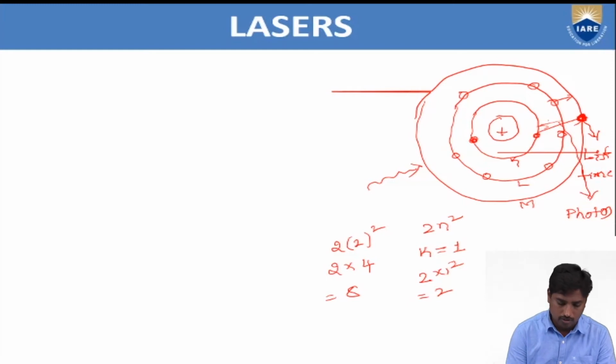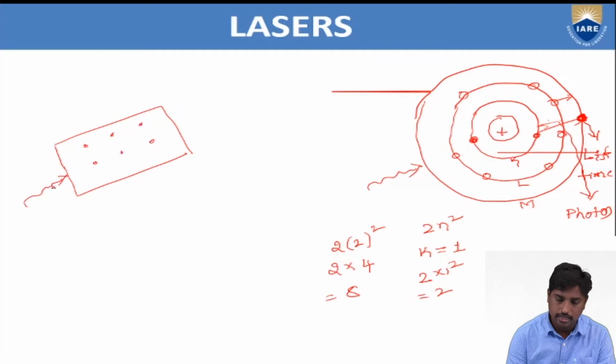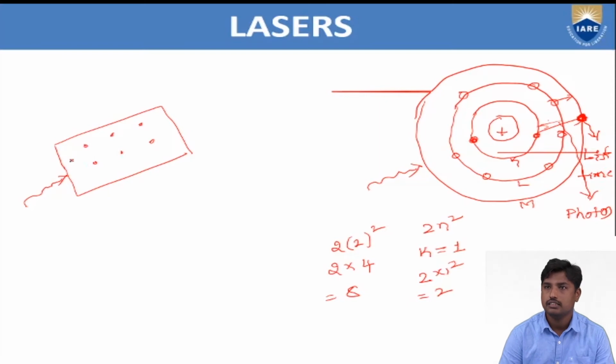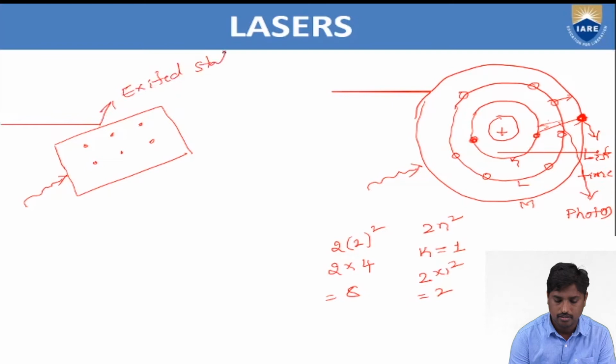Coming to a solid consisting of atoms, when external energy is given to the solid, all the atoms absorb the energy. By absorbing the energy, electrons are excited to higher energy states, and the atom is said to be in the excited state.